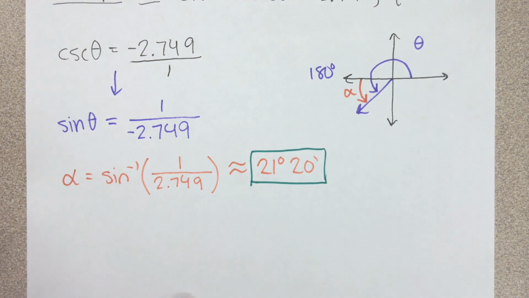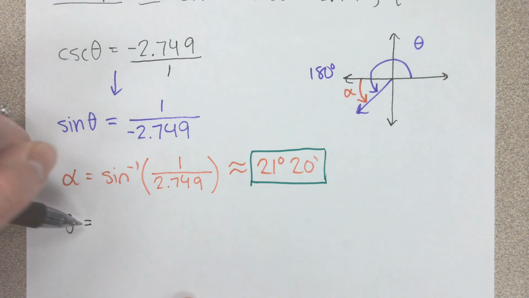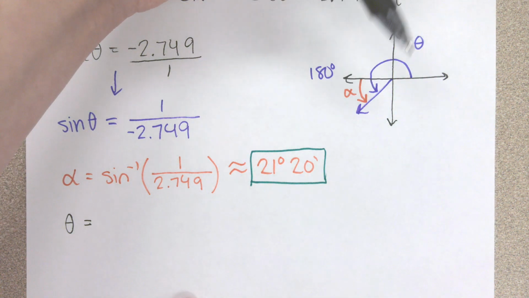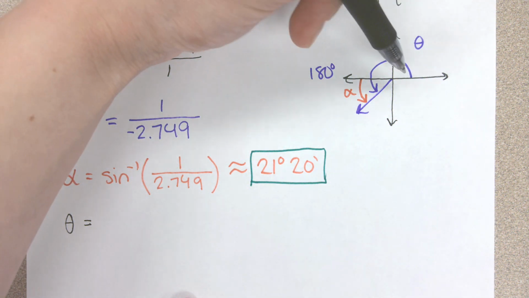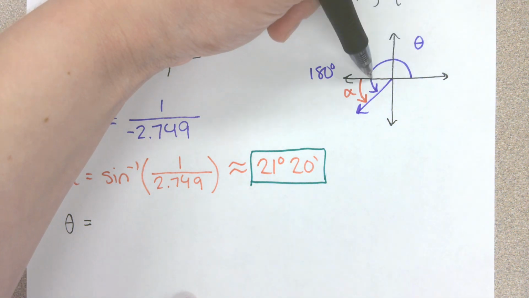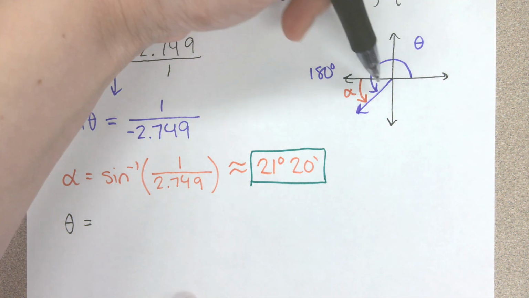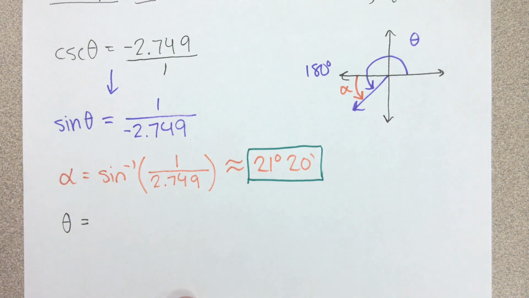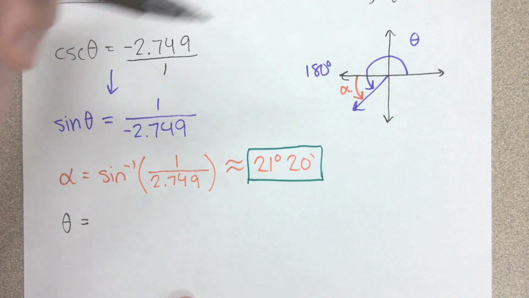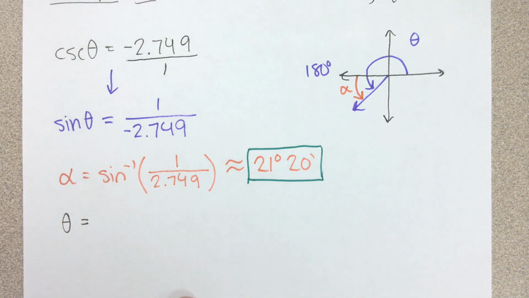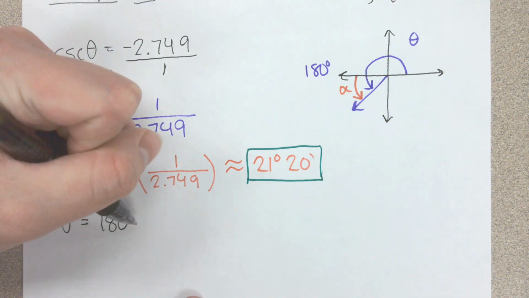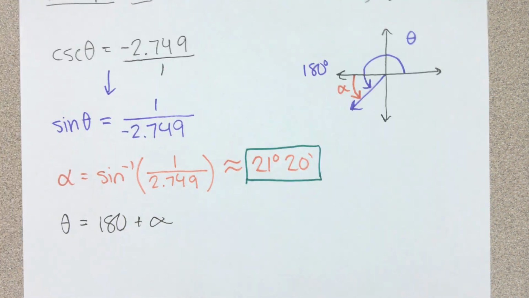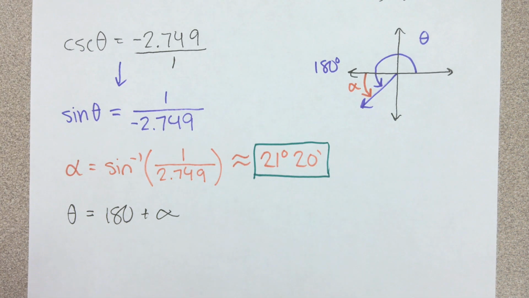And again, theta, we just need to use our quadrant rule. We are in the third quadrant, which if we take the full theta and take out the 180, or sorry, take out the alpha, we're going to get what's left. Sorry, I said that completely backwards. Theta minus, why am I overthinking this? 180 plus alpha. There we go. 180 plus the alpha.